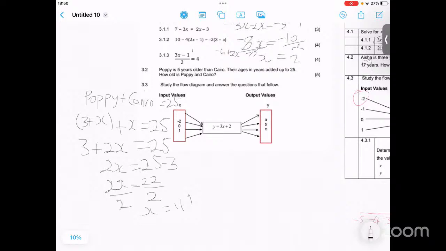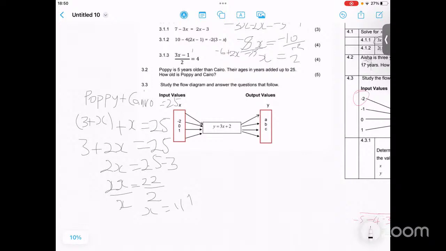And so if we minus 15 from 25, we get 10 years. So that's what Cairo's age is. So Cairo is 10 and Poppy is 15. Yes. Okay, cool.